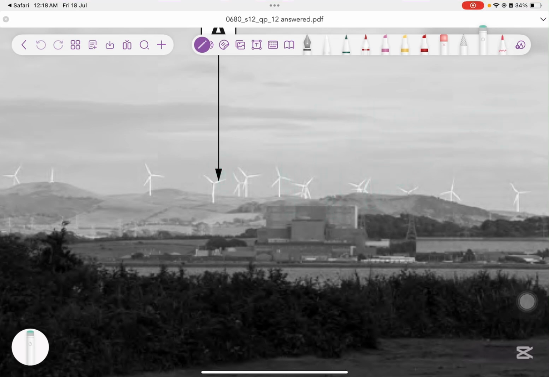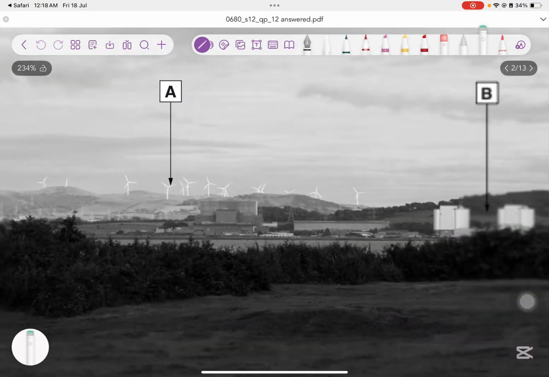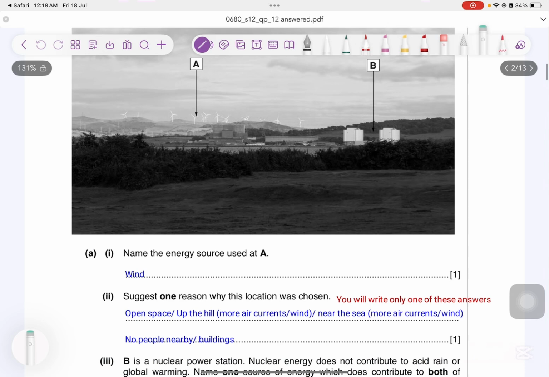So they're not going to generate energy as they should. The other point is open spaces or up the hill, where there are more air currents and it's more windy, so it's better. Or near the sea, because of more wind currents.